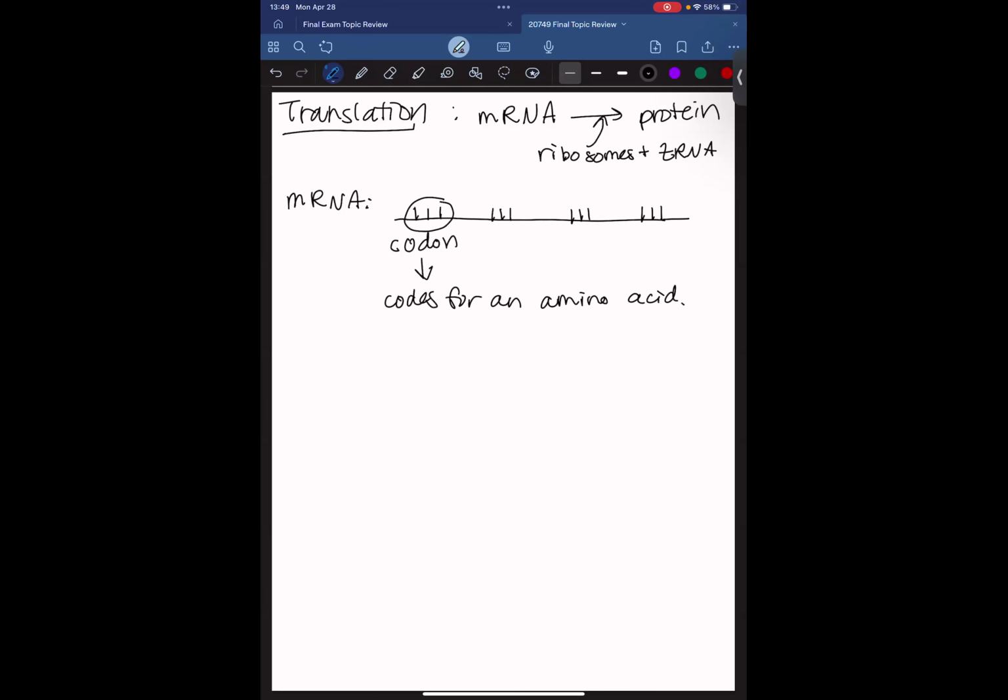How is that? Because the codon that codes for the amino acid is recognized by the anticodon on the tRNA that carries that amino acid.